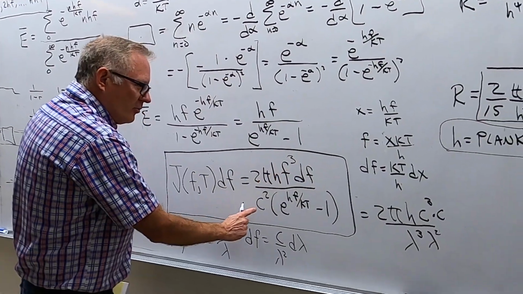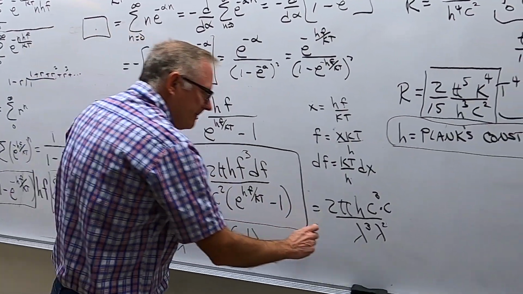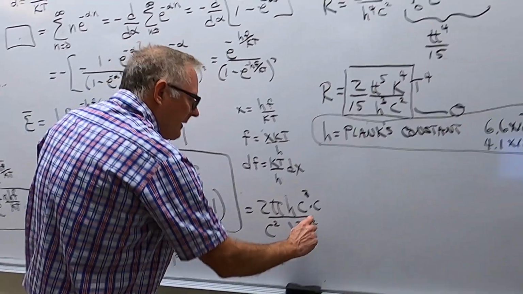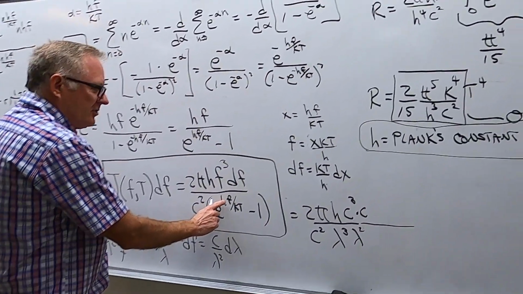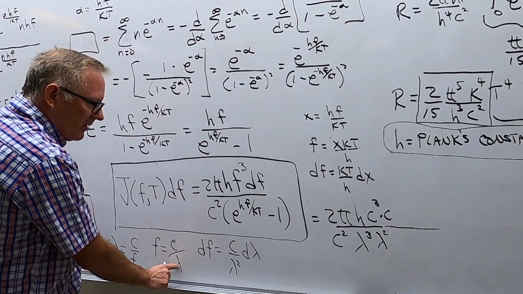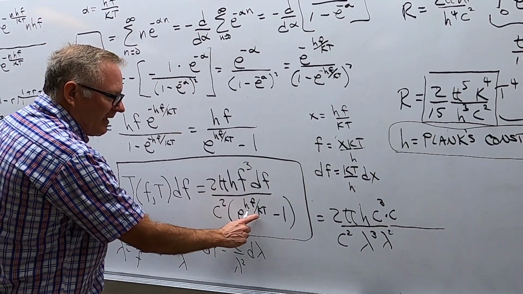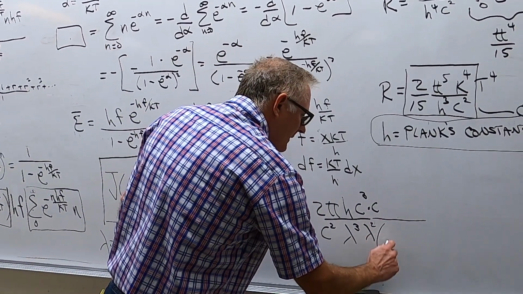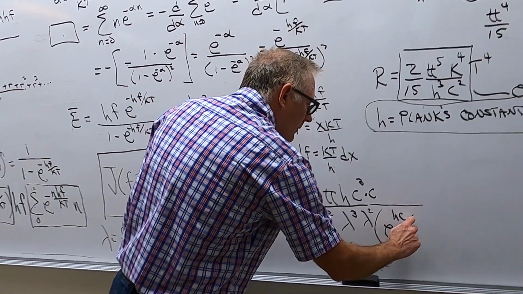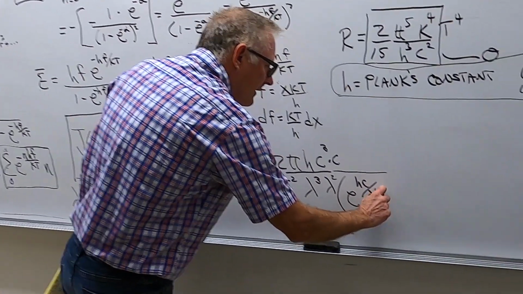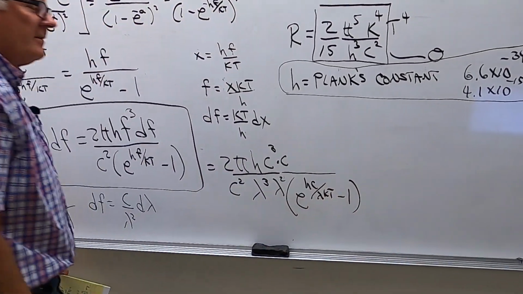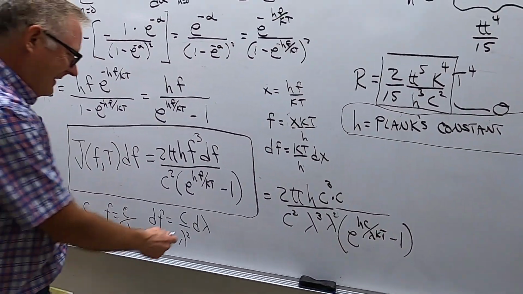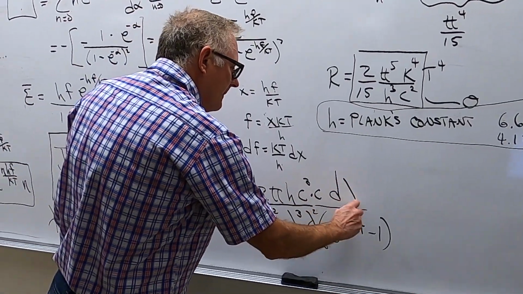That takes care of the whole numerator. Then you've got a c squared. And over here, you get an e to the h, and then f you would turn into c over lambda, so it would be hc over lambda kT, minus 1. And then there'd be a d lambda in there too.